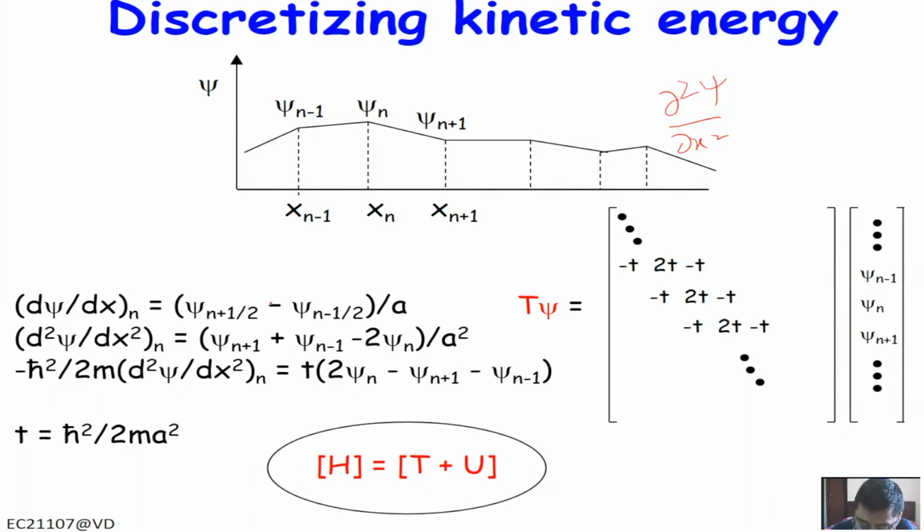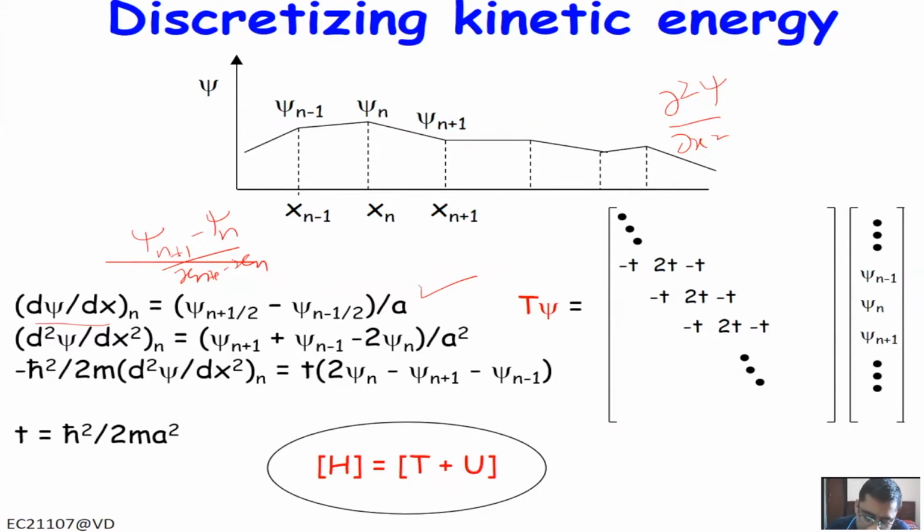it's a double derivative, so let's first write the single derivative. The derivative at n, you can write as psi n plus 1 minus psi n by x n plus 1 minus x n. There are different ways to write it, with different names: forward difference, backward difference, or central difference.